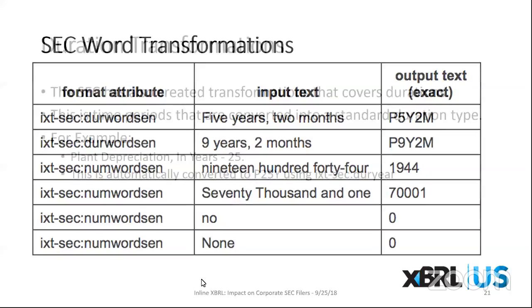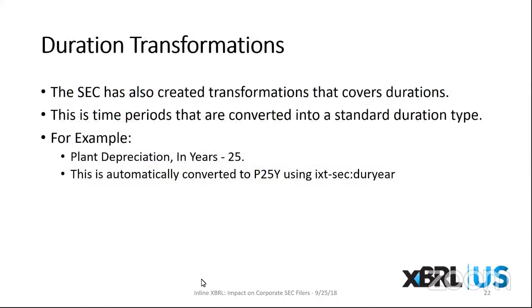If we go ahead one slide here, we also have duration transformations. This is useful for covering transformations in periods of time. For example, if we have plant depreciation in years, 25, you don't have 25 years, you just have the number 25. So you have to use a duration transform to convert this.